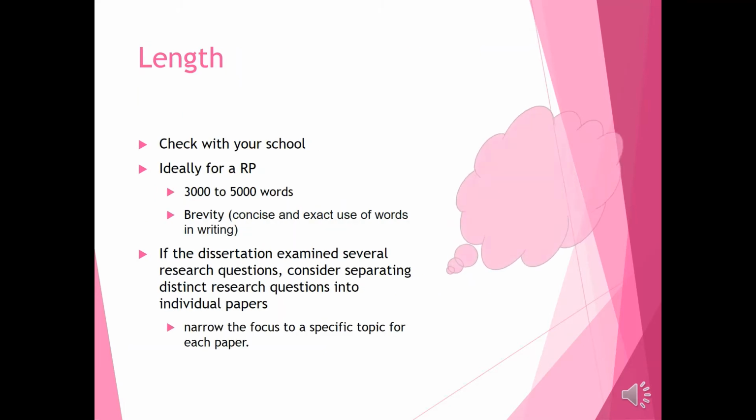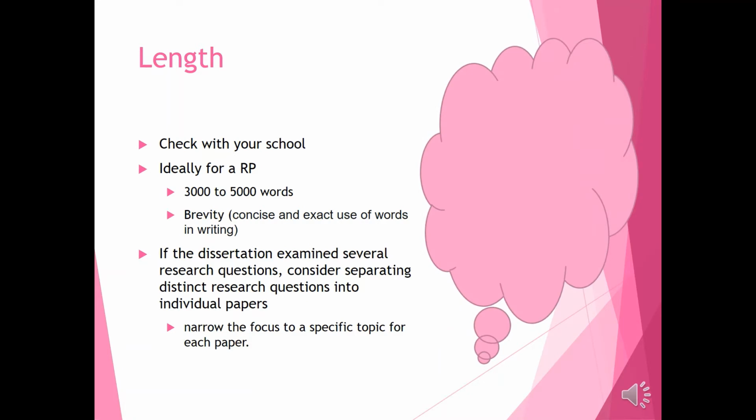So what is the typical length of a research proposal? Please check with your school what is the required length of a research proposal, and also the length of your final report or thesis. But ideally for a research proposal, you are required to write about 3,000 to 5,000 words.